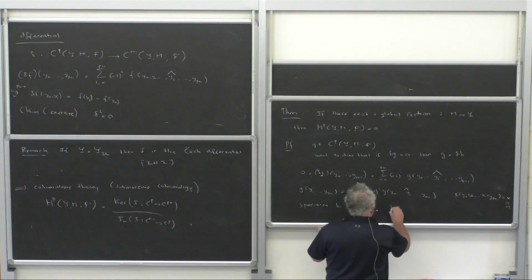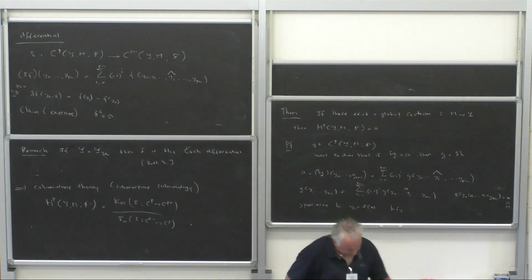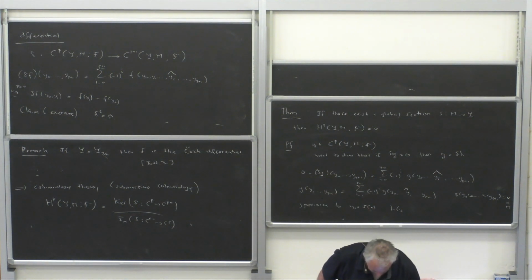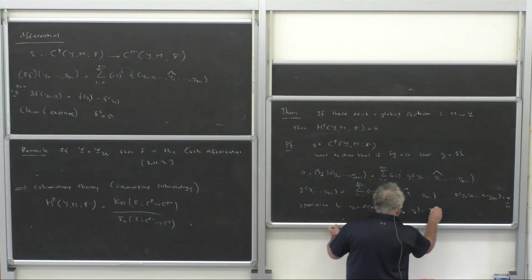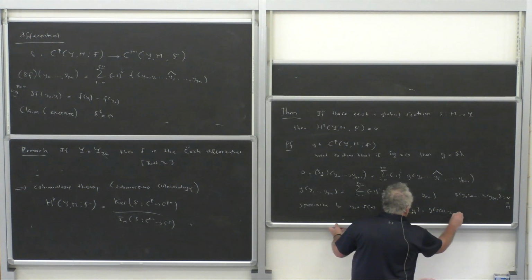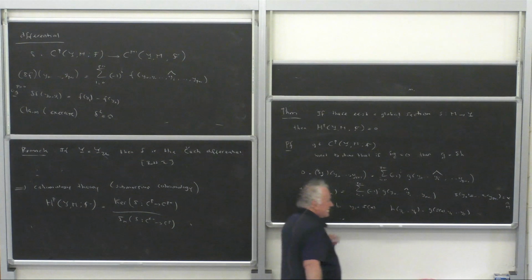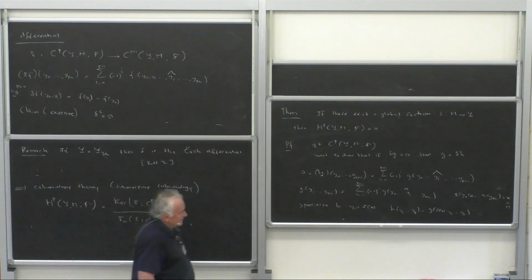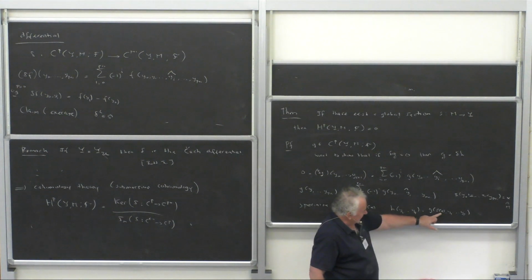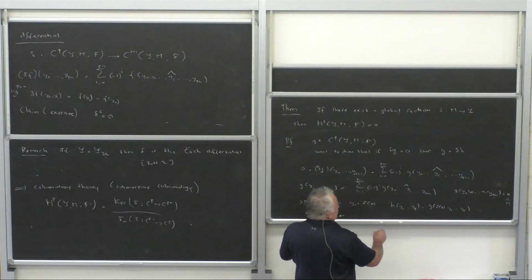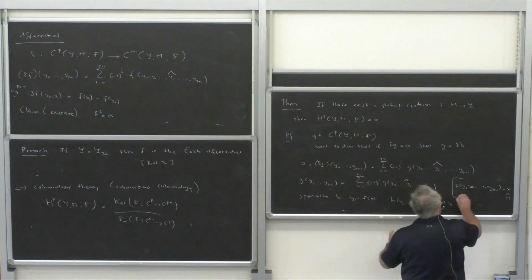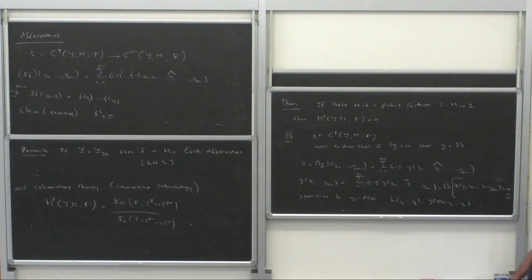Then define h of y_1 to y_p just as g of s(x), y_1 to y_p. See, this is not an extra variable because the x is the projection of all the other ones. So that's included in this definition. But then you see that this is just the definition of del h.